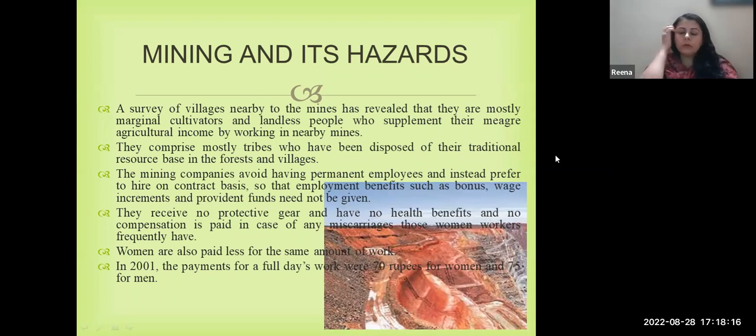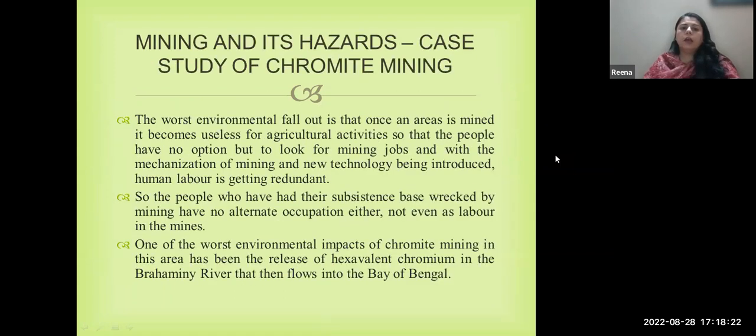There should not be any disparity, and women should not be paid less for the same amount of work they are implementing. So apart from sociological implications, there are environment and pollution related implications.